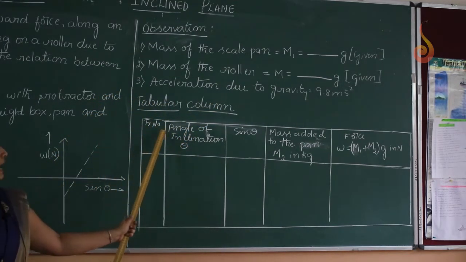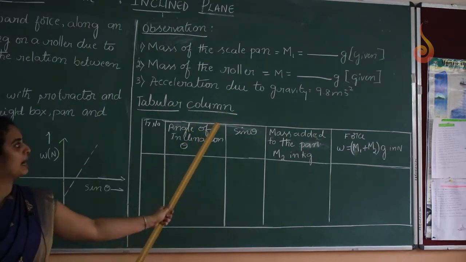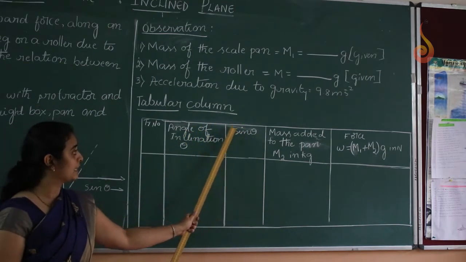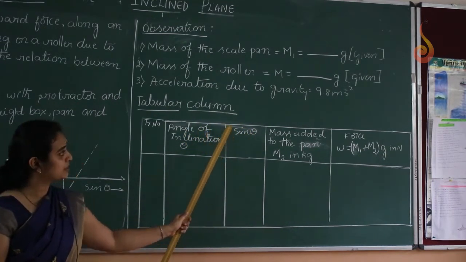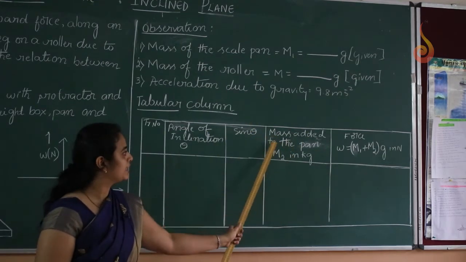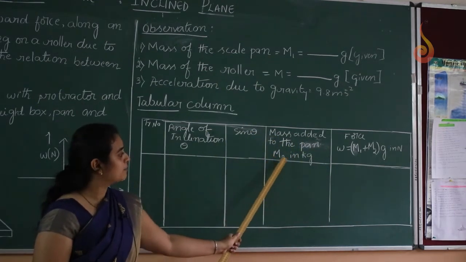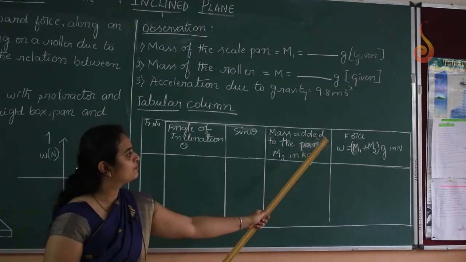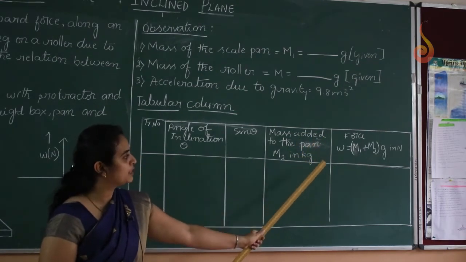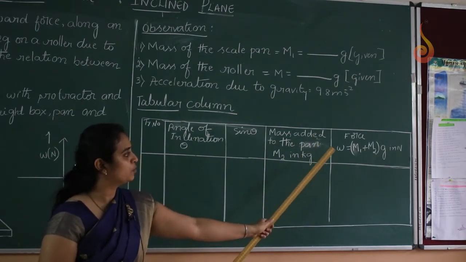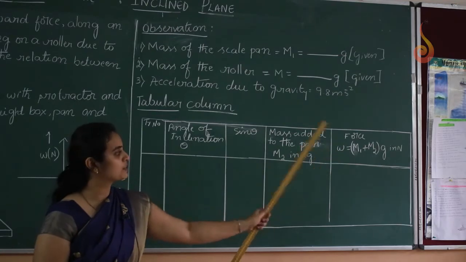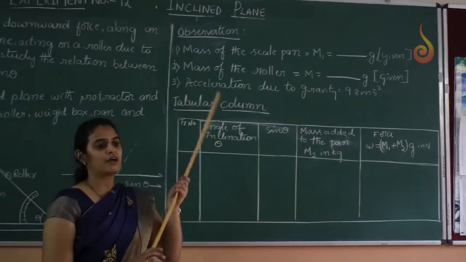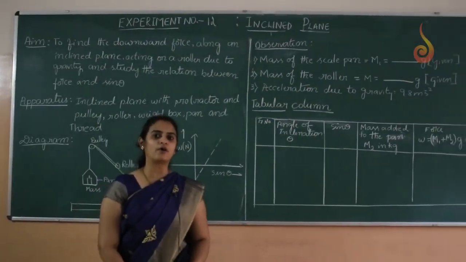It consists of angle of inclination, sine theta, that is sine of angle of inclination, mass added to the pan, that is m2 in kg, and force W is equal to m1 plus m2 into g, that is in terms of Newton. So I will explain how to perform the experiment.